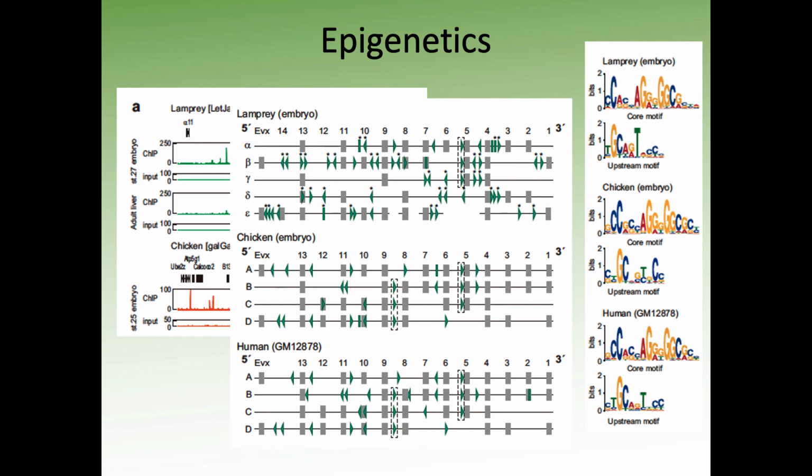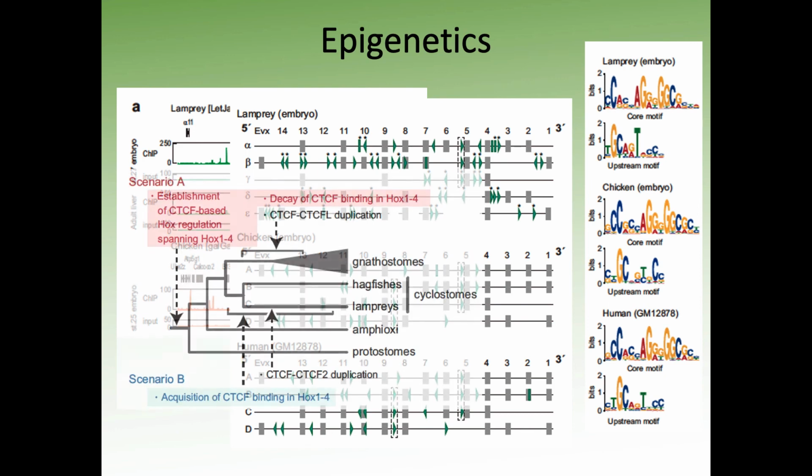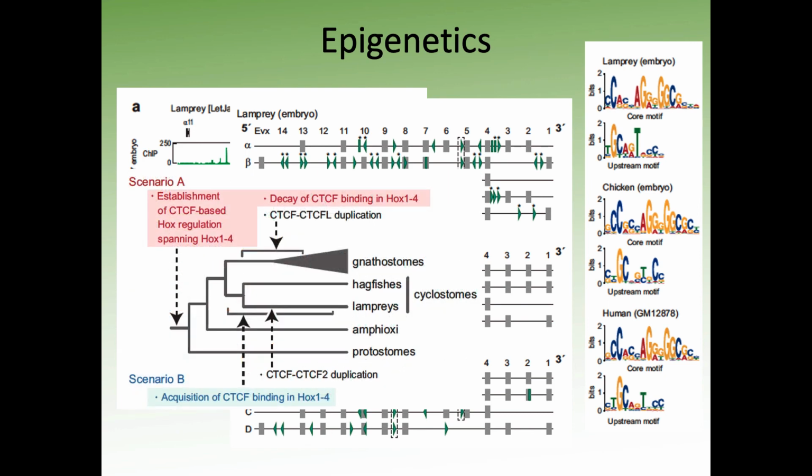And you can compare the placements of these processes to better understand how gene expression has evolved over time. In this case, by looking at lamprey, chicken, and human, we can find examples of where CTCF binding became particularly important in things like Hox gene expression and regulation.